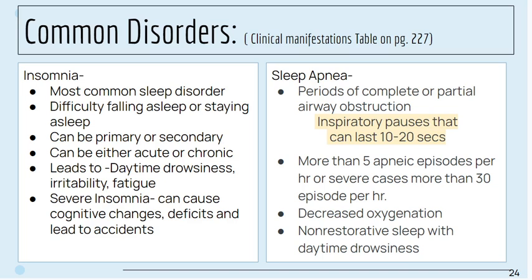For severe cases, sometimes patients have over 30 of those apneic spells in an hour. Our greatest risk with sleep apnea is decreased oxygenation. It can also cause non-restorative sleep, as well as daytime drowsiness.